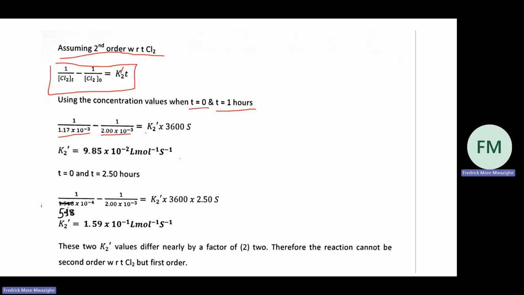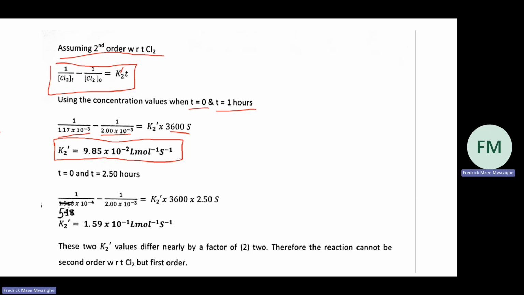If we put in the values after 1 hour, that is 3600 seconds, and make K2 prime the subject, then you get the value of K2 prime to be 9.85 times 10 to the power minus 2 liter per mole per second. So that's the first value.